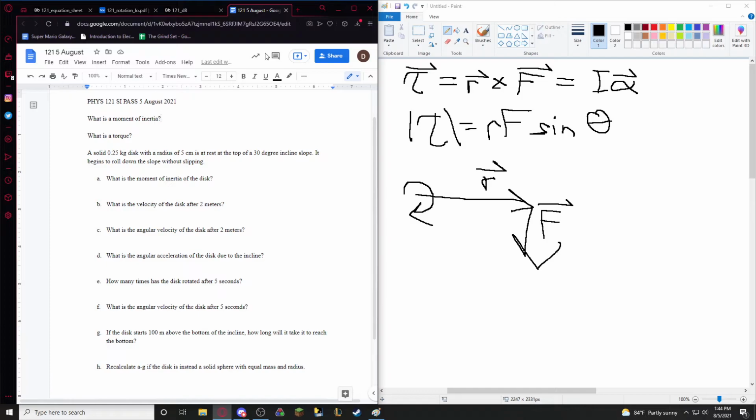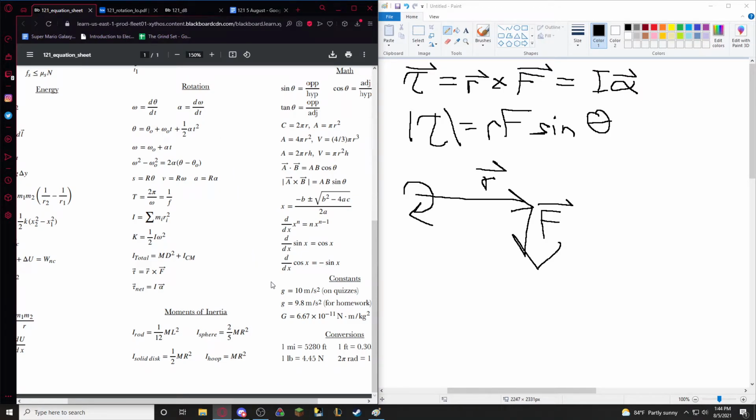It travels 2 meters, and we know the angle of the slope. How would we actually approach this problem?